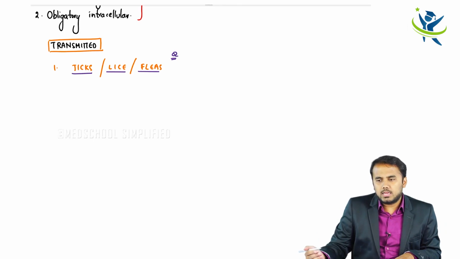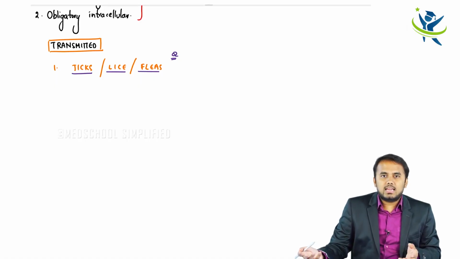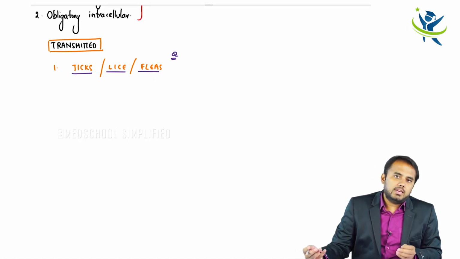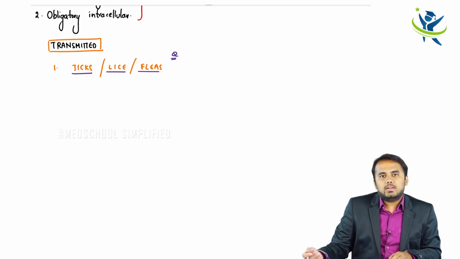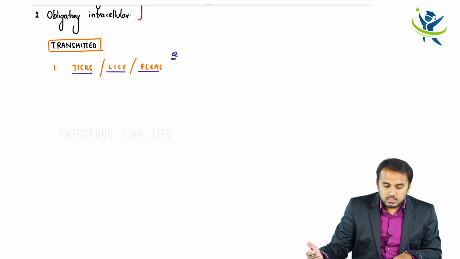So those who, let us say, go for a camp, go for a campfire, or in the tropical areas, when you go into the forest to make food, if there are ticks, lice and fleas over there, and you are eating that food, then definitely you're going to get infected with these pathogens.